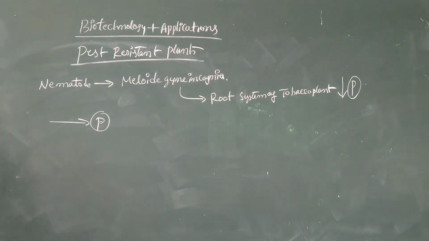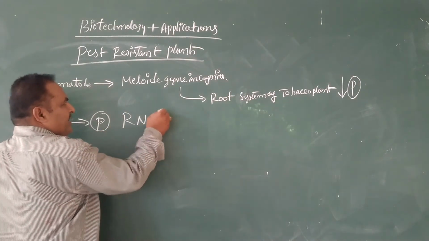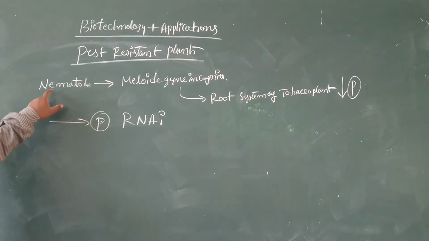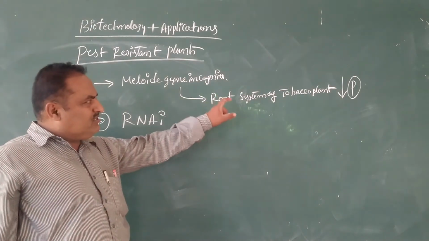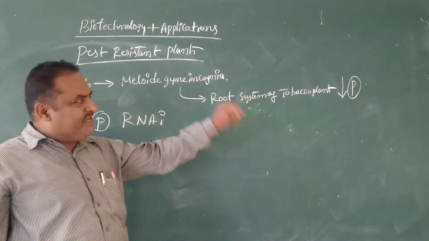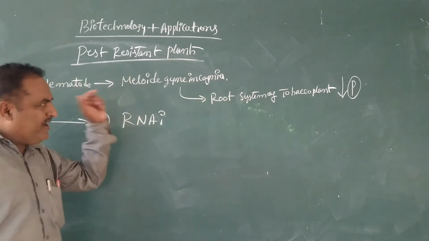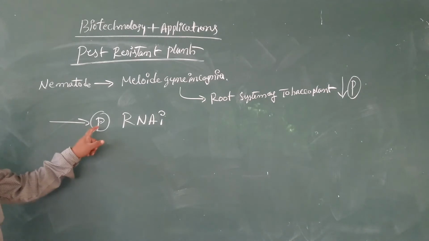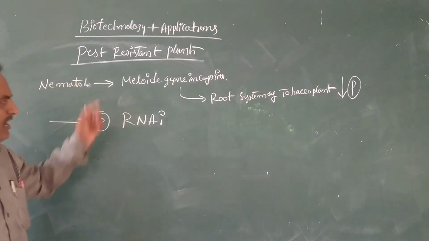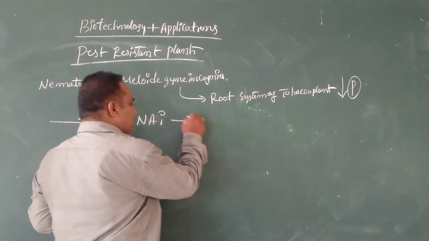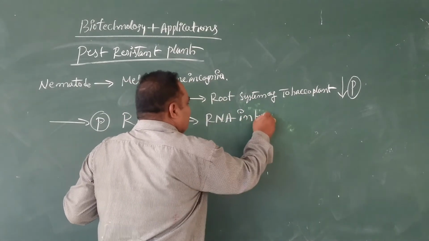By using RNAi. Usually the nematode Meloidogyne incognita infects the root system of the tobacco plant, hence productivity is reduced. To prevent the infection, RNAi is used. Here RNAi means RNA interference.